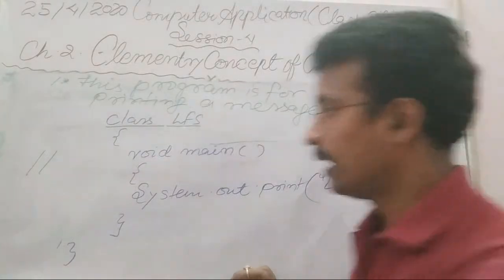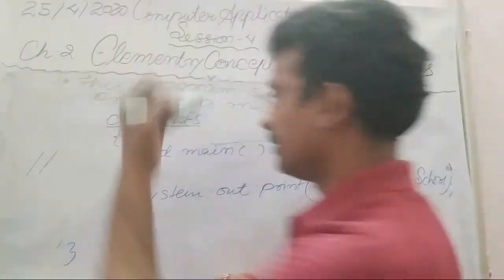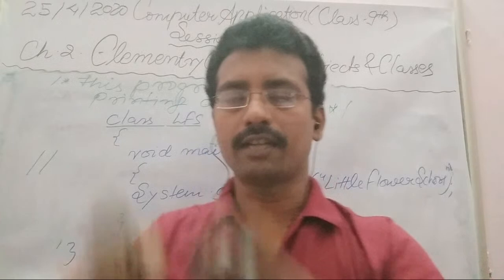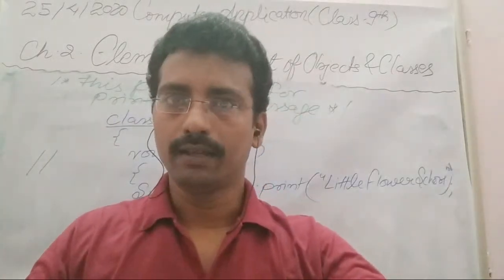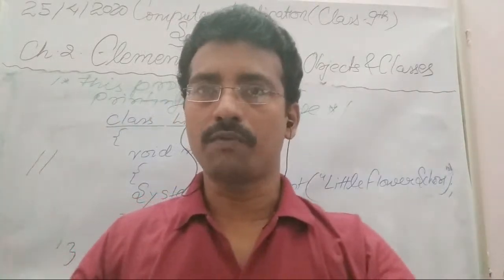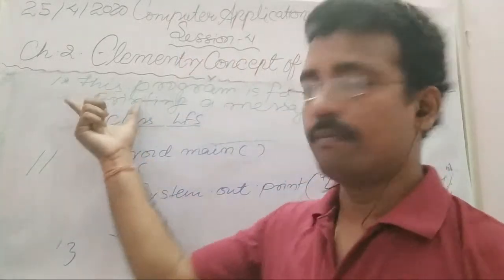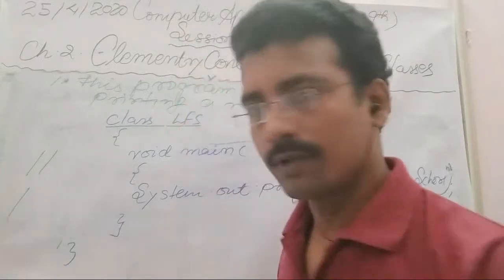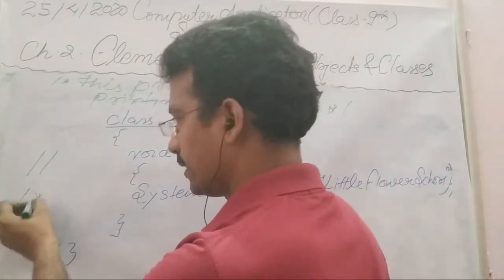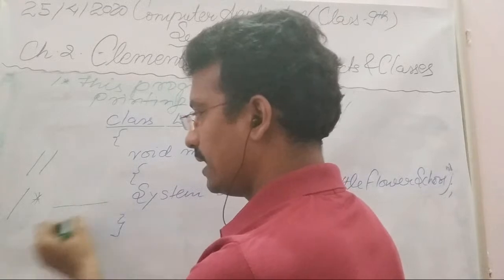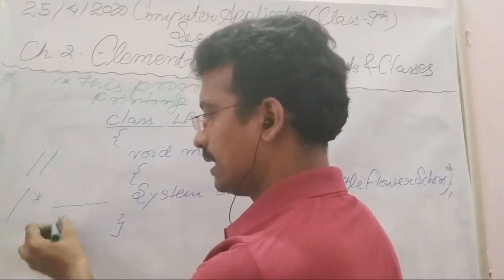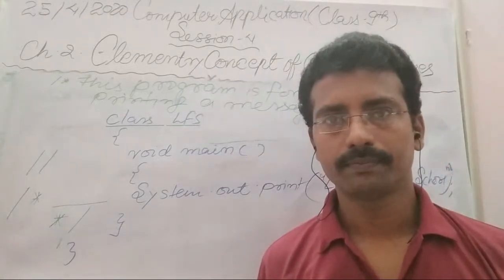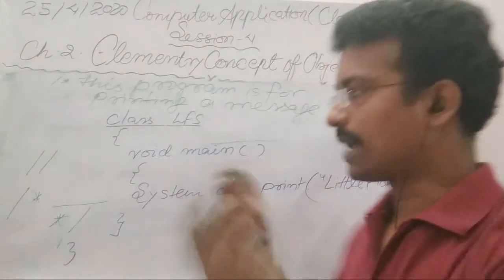Clear? Next, second is multi-line comments. When we have to write our comment in more than a single line, with some additional information we want to give, we can use multi-line comments in the form of one forward slash asterisk, your comment after it, and finishing with asterisk and again forward slash. Hope clear for everyone? You can use this in any part of your program.